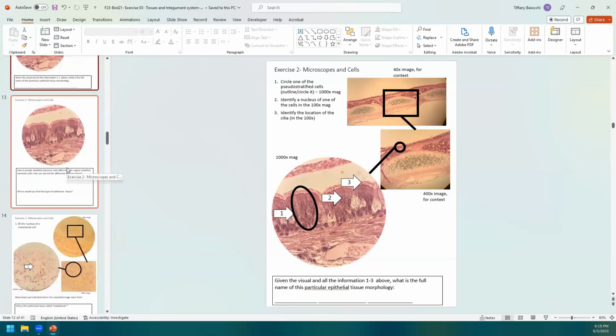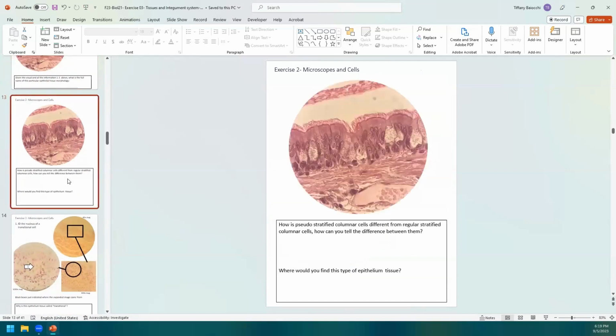Moving on, just another image here. Again, of the ciliated pseudostratified epithelial tissue, we can see the cilia up top. We can see the nuclei at different levels, giving it that stratified appearance, even though these are columnar cells. So how are pseudostratified columnar cells different from regular stratified columnar? Well, these nuclei are at different levels, but each cell is just a really skinny columnar cell.